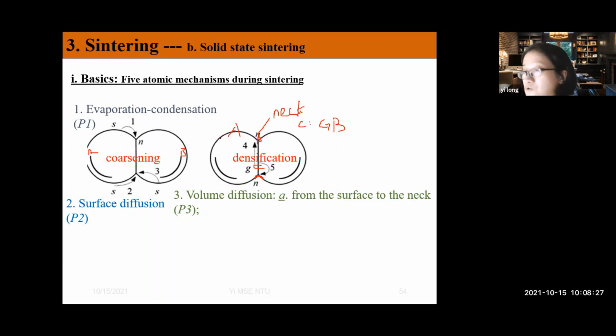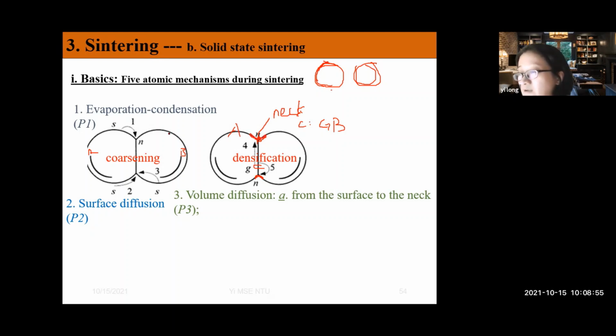Okay, so A is just the particles. You have two particles coming, so everywhere on these two particles is A, because it's a positive radius, right? All these are A. But when you come together, you form a very special shape, what we call a neck.